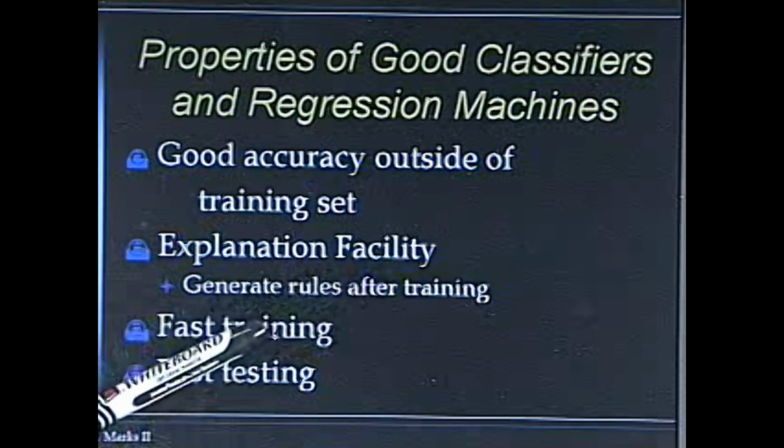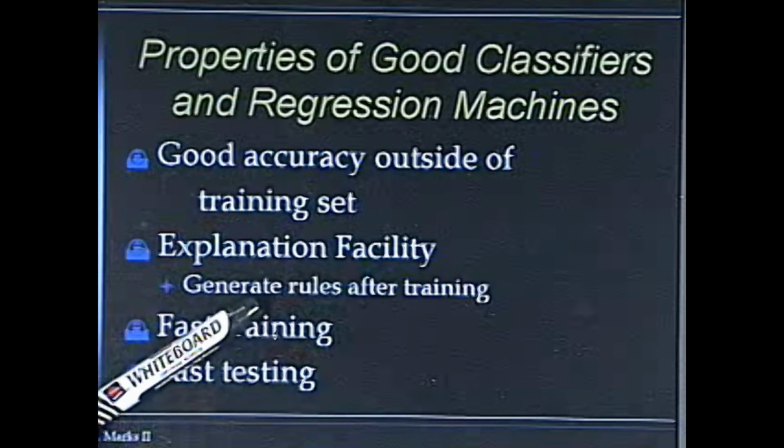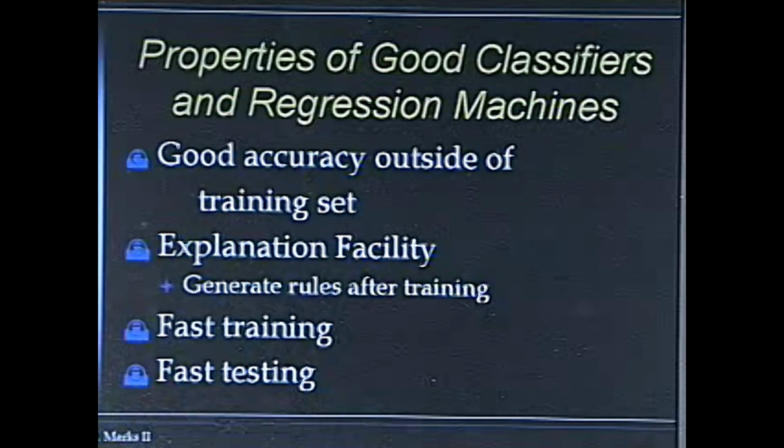But that is referred to as the explanation facility of the regression machine. In other words, why this mapping occurs. So it is from the actual training where one can generate rules after the training which explain the reason for the mapping between the input and the output, the whys. The regression machine typically gives you the what, but not the whys. It gives you what maps to what maps to what, but it doesn't tell you the why.